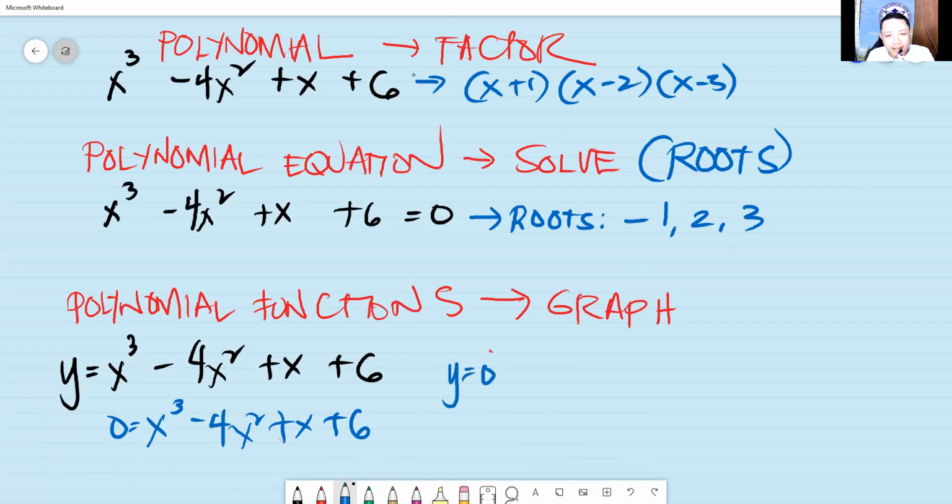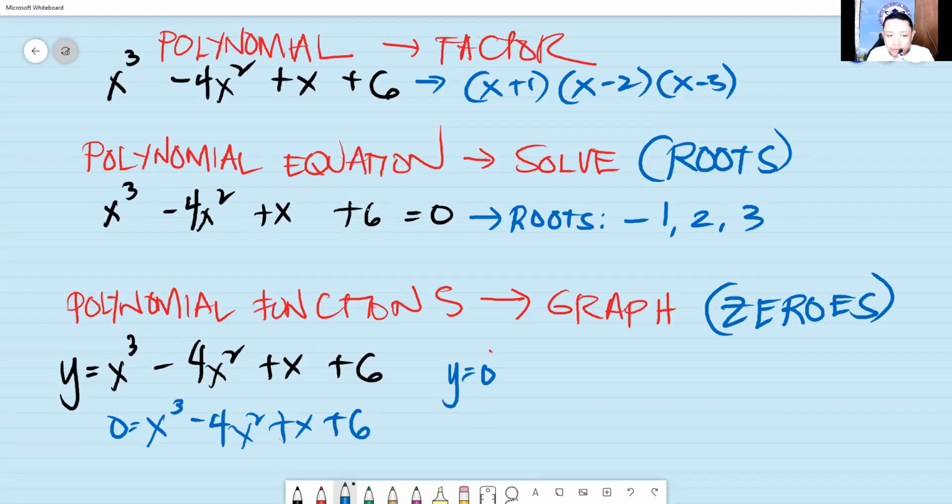And then, ganun naman, same process. We'll get the factoring, you'll solve for the roots, etc. But for the functions, instead of roots, we use zeros. Why zeros? Because we equated y to 0.